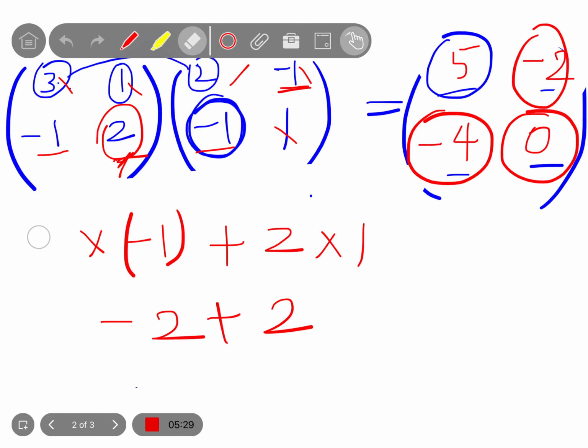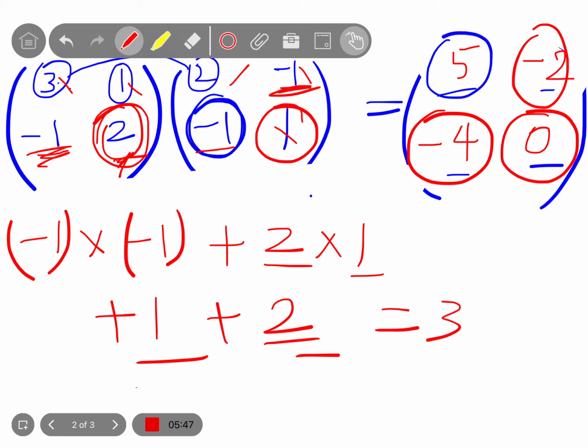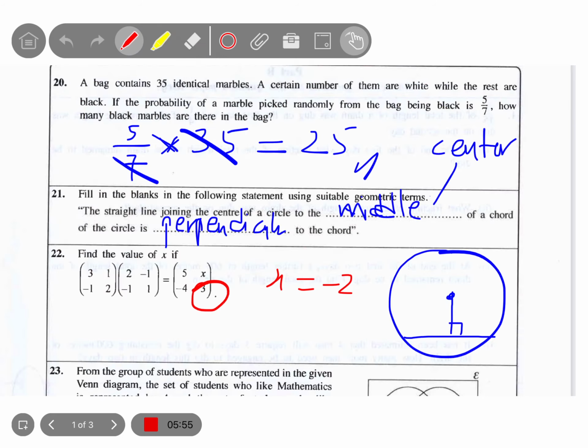So you have to multiply this by this: minus 1 times minus 1, which should be plus 1. Then this is 2 times 1, which is 2. So 1 and 2 is 3. So there is a mistake here. Fortunately, that is already given, so that's not what they have asked. So the x value is minus 2.